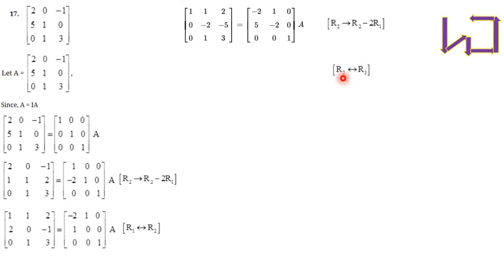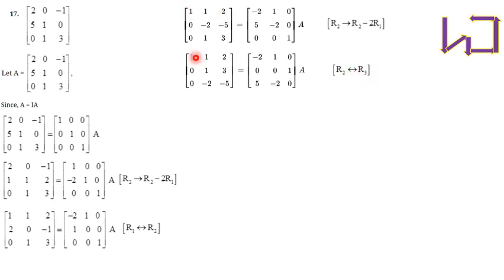Next we have to interchange R2 and R3, because here 1 is there. So instead of doing the calculation this way, we can easily bring this one to the R2 side. So that's what we have done here. A little bit of common sense, that's all. After doing that calculation, R2 and R3 will be interchanged.